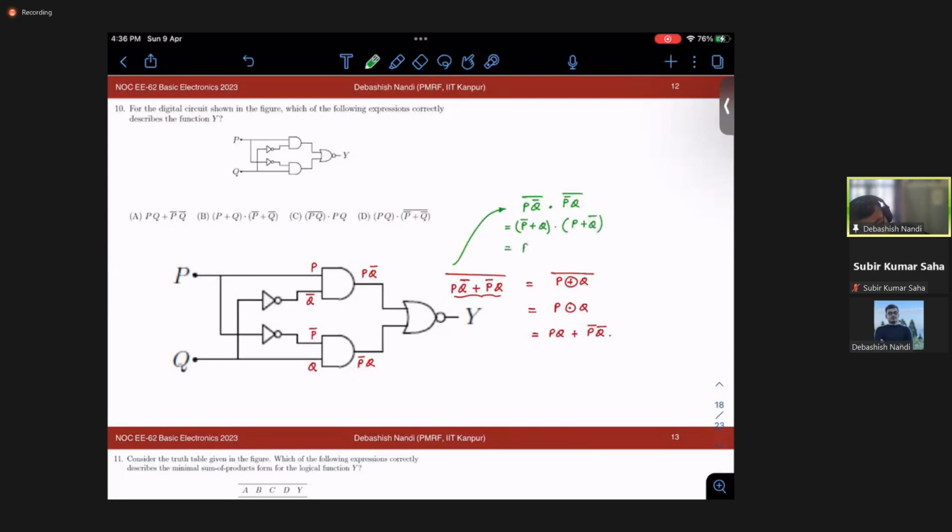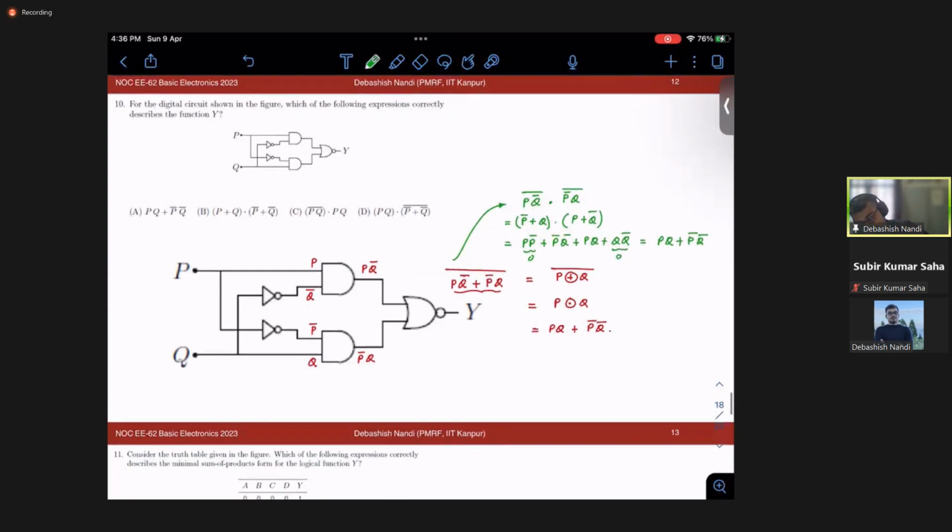That will be nothing but P bar P plus P bar Q bar plus PQ plus QQ bar, right? And this is 0, this is 0. So you will have PQ plus P bar Q bar. Okay. So just two more lines. So your answer would be this. Okay. This is the way you simplify this kind of problems.